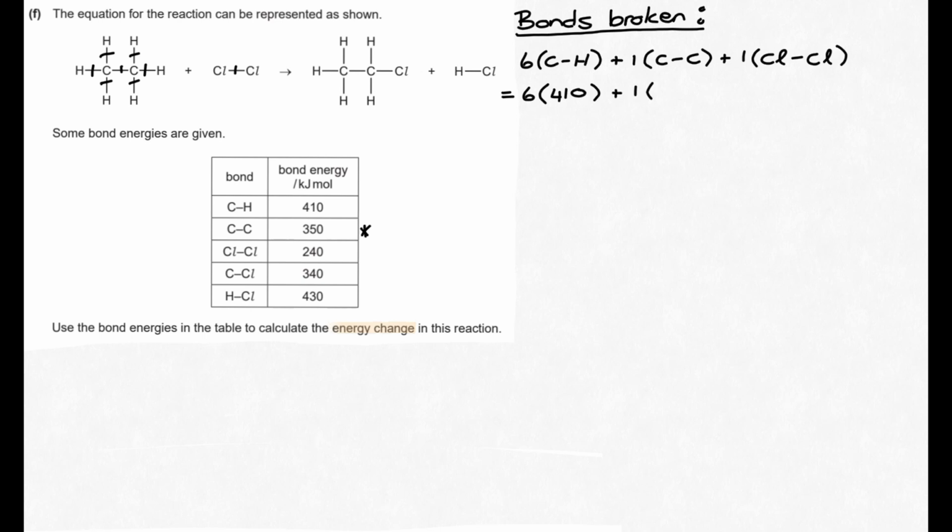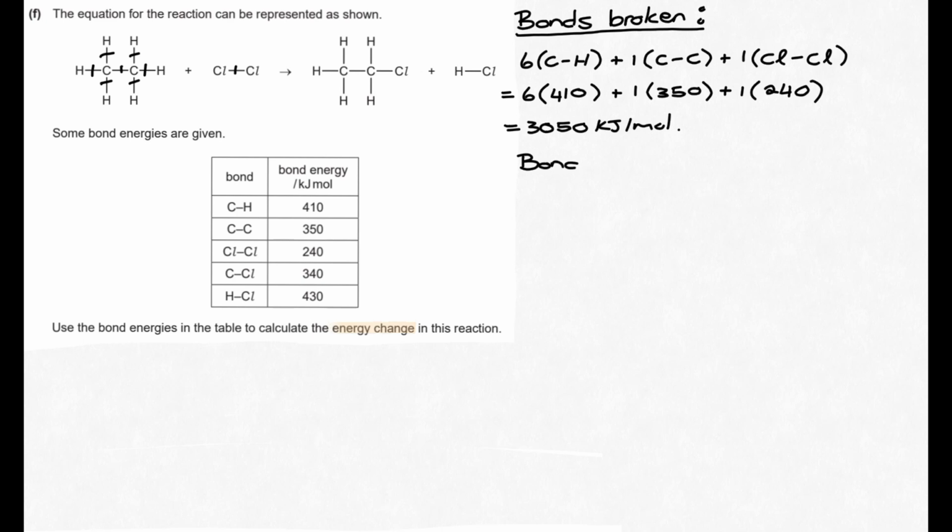Then my carbon-carbon bond is 350 kilojoules per mole, and my chlorine-chlorine bond is 240 kilojoules per mole. When I add all of this together, I get a total of 3,050 kilojoules per mole of energy that's going to be needed to break all of these bonds.